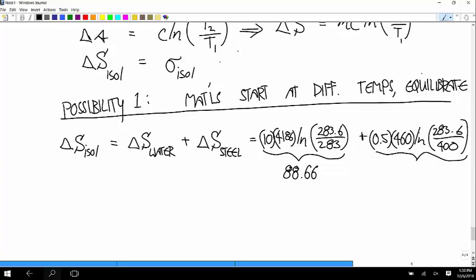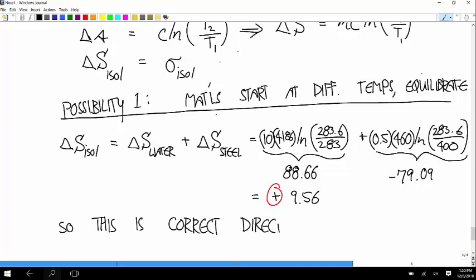And negative, right? So, 0.9. Negative. And so you come out with a total of 9.56. Okay, so this positive means that this is the way that it goes. So this is the correct direction.